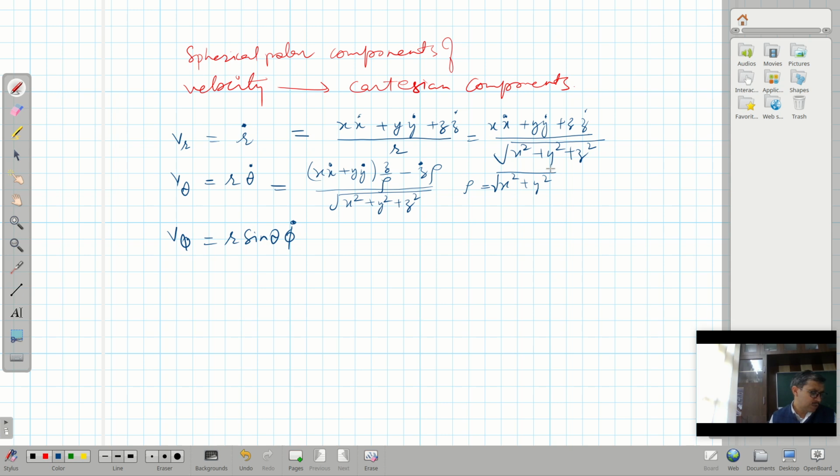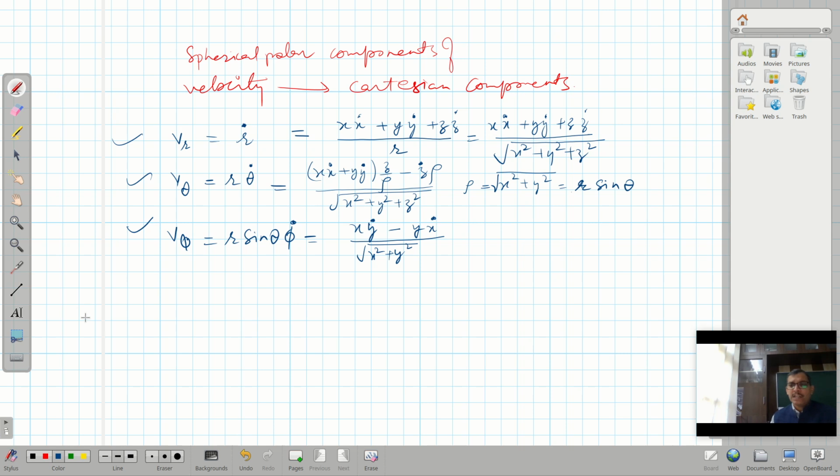Sometimes rho is also written as r sine theta. And what is r sine theta phi dot? It is equal to (x y dot minus y x dot) divided by the square root of x square plus y square. So that's what we have to prove now.